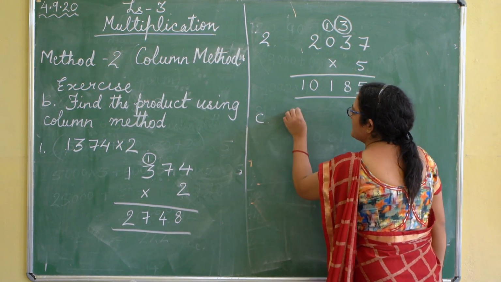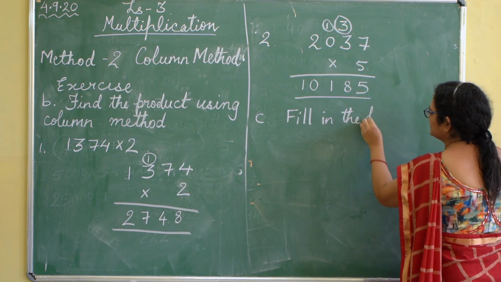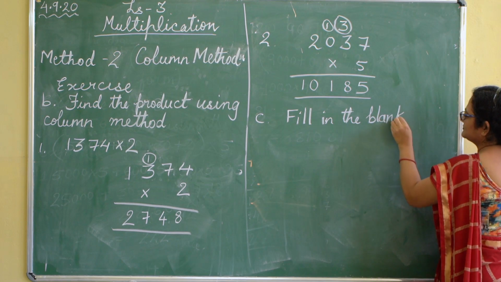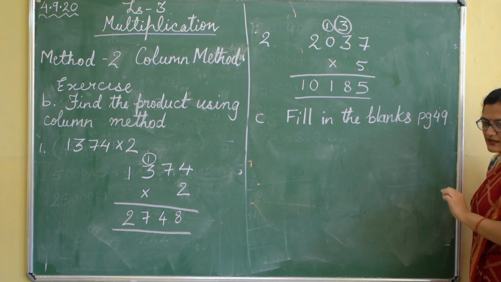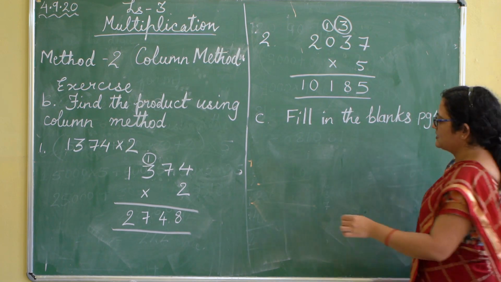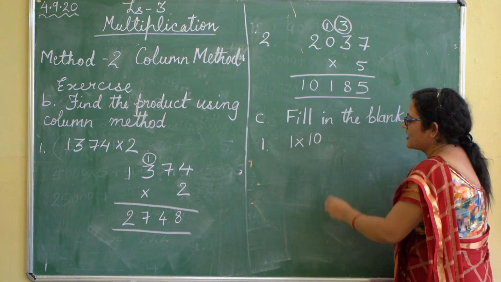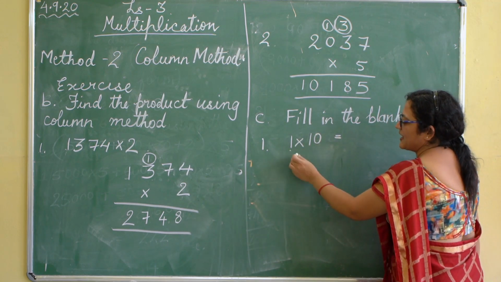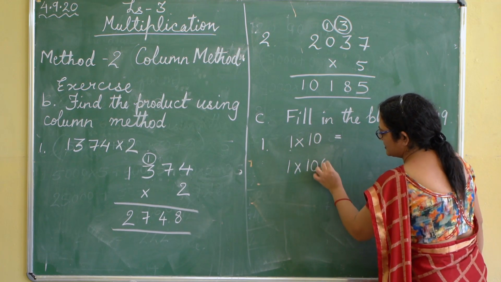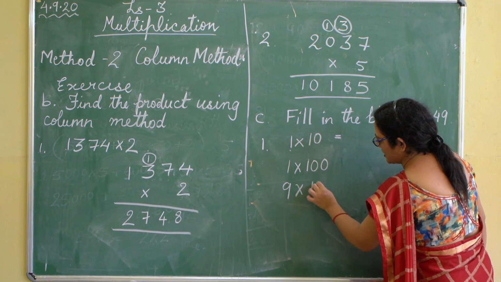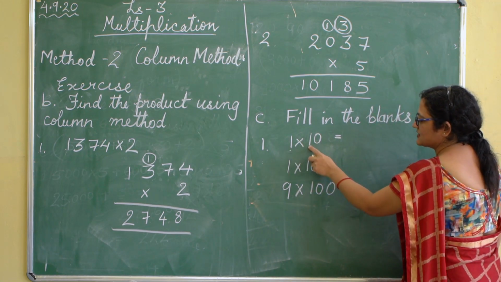See, fill in the blanks. Page number 49, first question. Any number, if we multiply it with 10, 100 or 1000, how do you multiply? 1 multiplied by 1, 1 ones are 1.